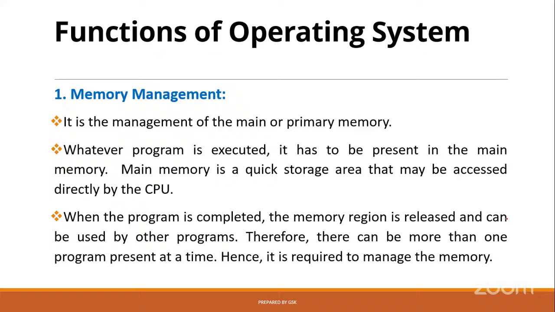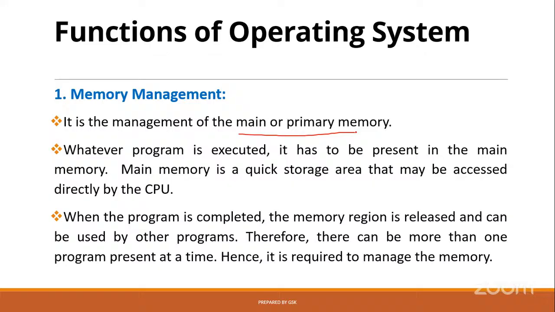Suppose if you want to execute any program, initially all the files are stored in the secondary memory. We covered that already. That has to be transferred from secondary storage to primary memory, that is main memory, for the execution purpose. So in the main memory, the operating system has to allot some memory for your program.